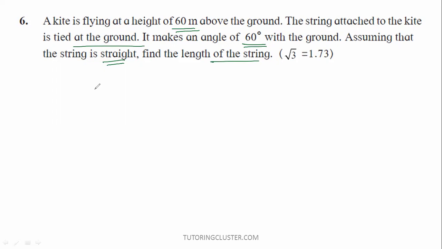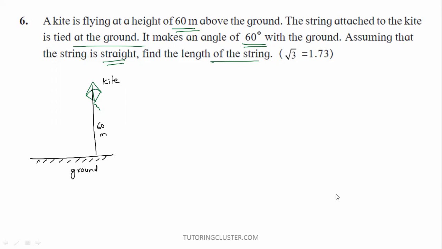Okay. So suppose there is a kite here. This kite is flying at a height of 60 meter from the ground. This is your ground level. Right? This is the kite.